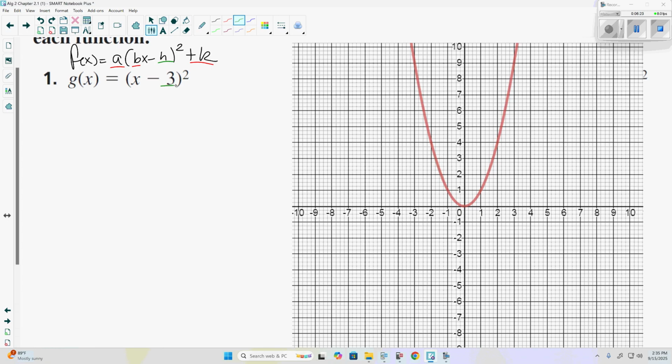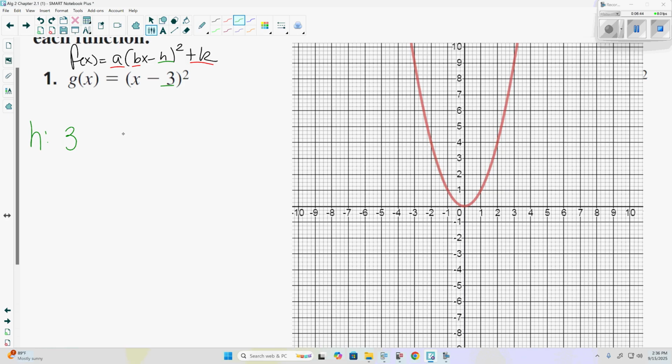Do we have a value for h? Yeah, and that is 3. Now, would it be positive or negative? It would be positive 3, because x minus h, x minus 3. The x's line up, the negatives already line up, so h is positive 3.